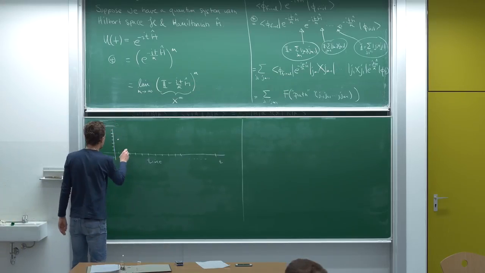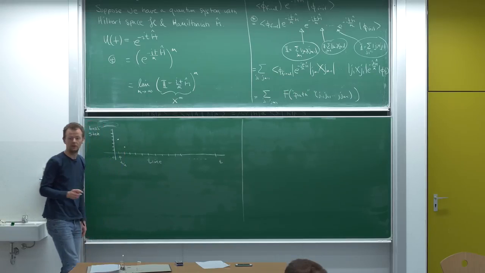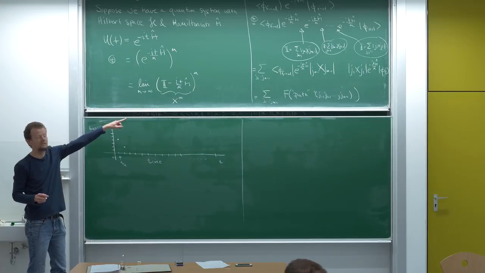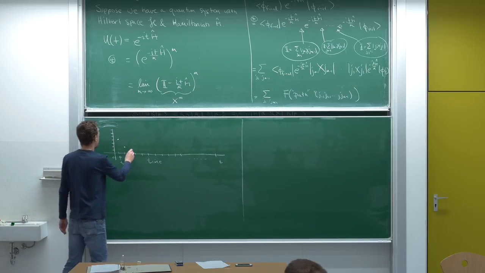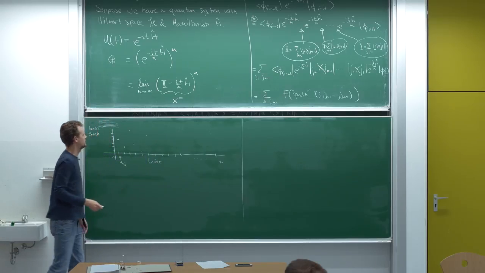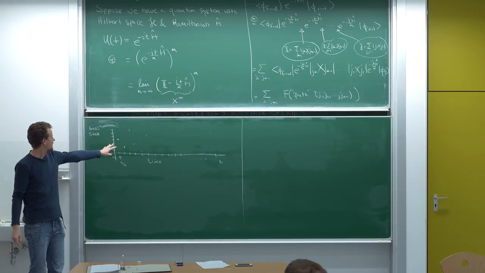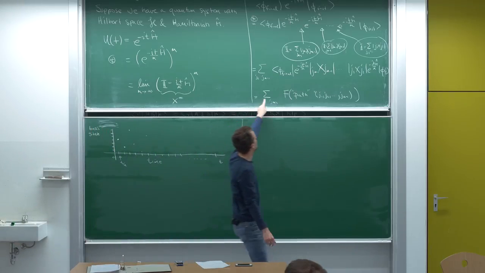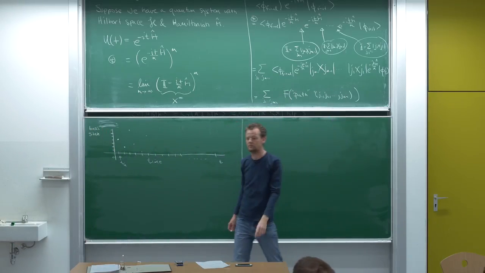Then at time 2t over m, I'm going to put a dot corresponding to whatever value of j finds itself in this sum here. And so on. So this is a way to keep track of or to list the basis vectors that occur in this summation over here.